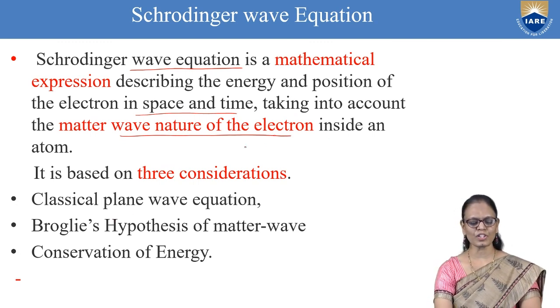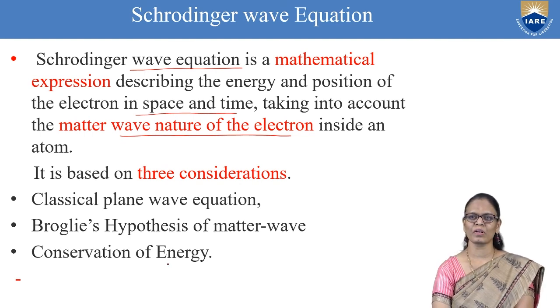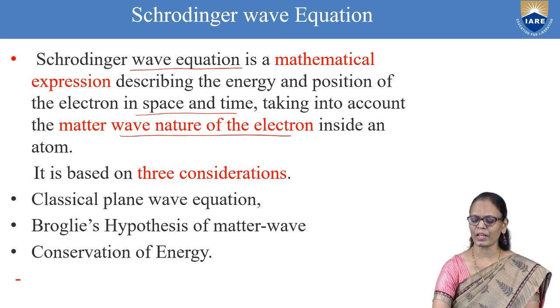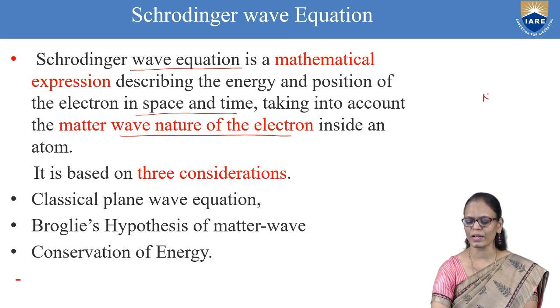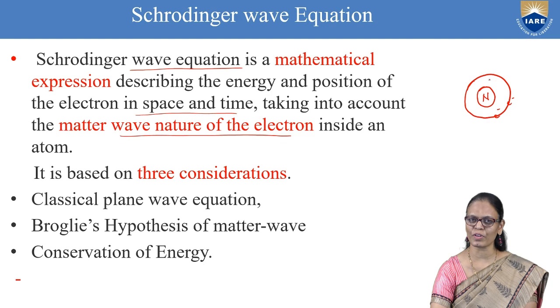So the wave nature of the electron inside an atom. Why are we talking about the atom? When you talk about electrons, you should go back to the structure of the atom, where you have the nucleus at the center and electrons revolving around the nucleus. Until Niels Bohr established the fact that they can be only in orbits whose angular momentum is an integral multiple of h by 2 pi, they considered it to be continuous.